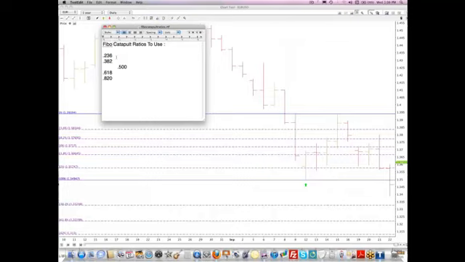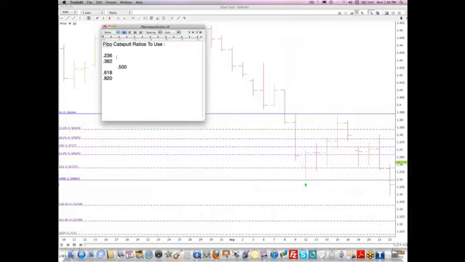Then you take the 0.0216 and multiply by 0.382, and you come up with 0.0083. Then, like I said, I don't use the 50%, but you can if you want to. You take your range again, 0.0216, and multiply by 0.618, and you get 0.0133. Then once more, you take the range of the bar, 0.0216, multiply by 0.82, and you get 0.0177.